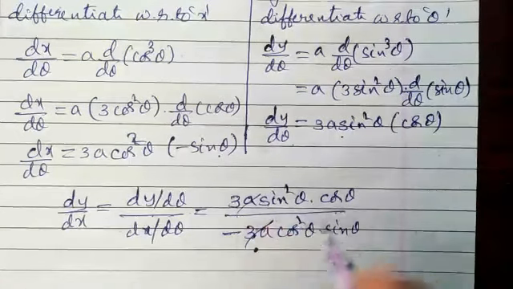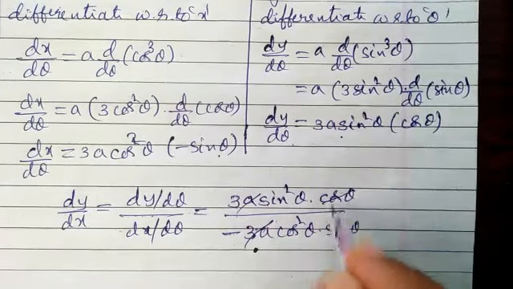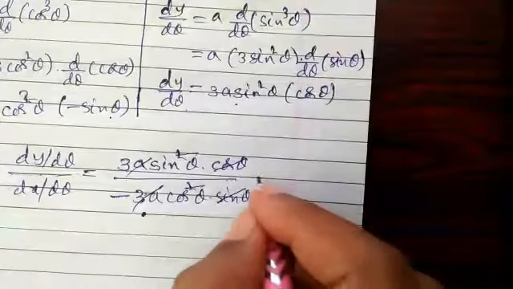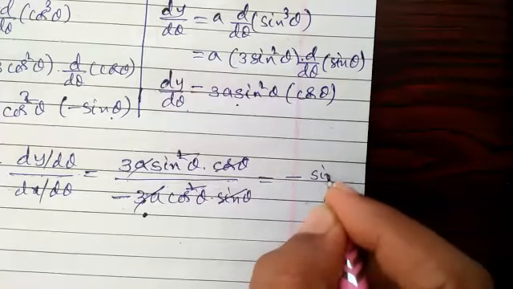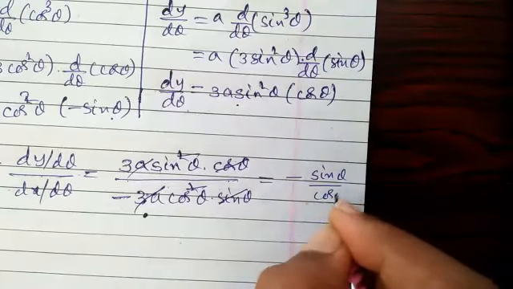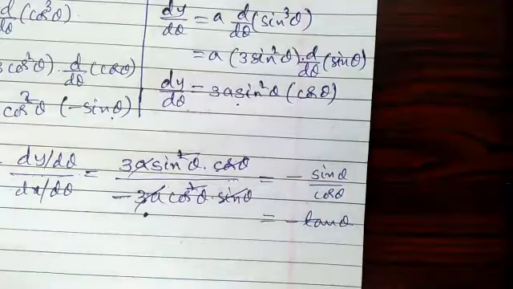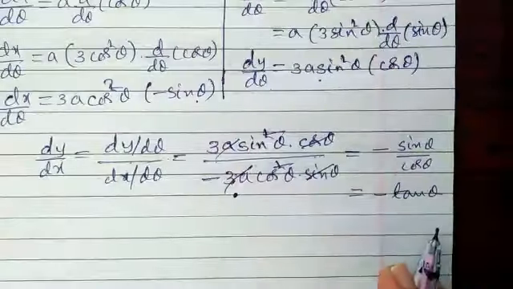So 3a will cancel, one cos term cancels, one sine term cancels. Finally, we have minus sin theta by cos theta, which is minus tan theta.